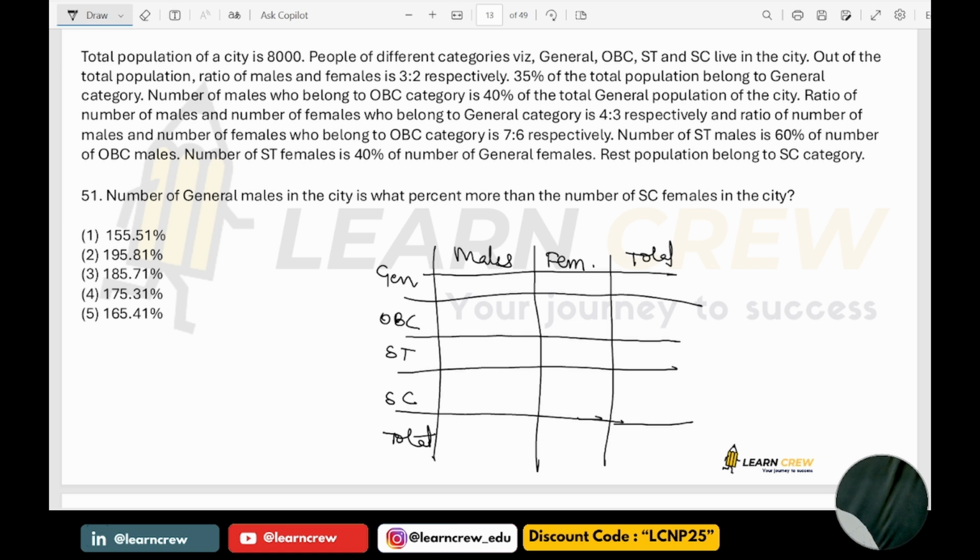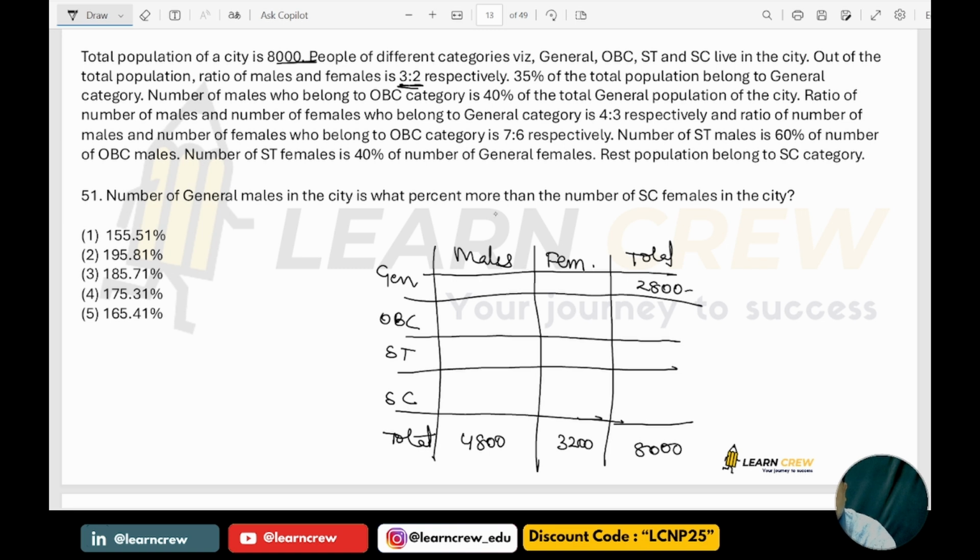Total population is 8,000. Males and females are in the ratio 3:2. 5 parts is 8,000, 1 part is 1,600, thereby 3 parts is 4,800 and 2 parts is 3,200. The total is already given as 8,000. Now 35% of the total population belongs to the general category. 35% of 8,000 is 2,800.